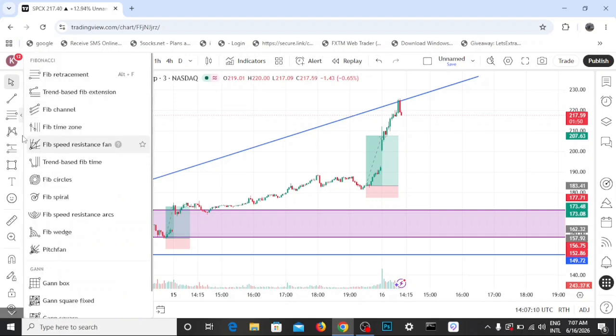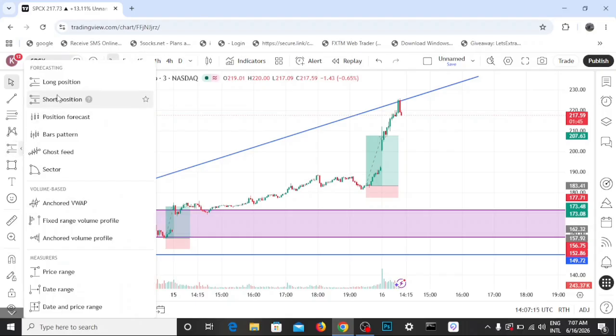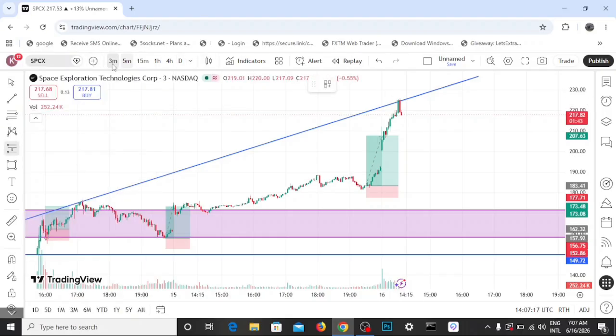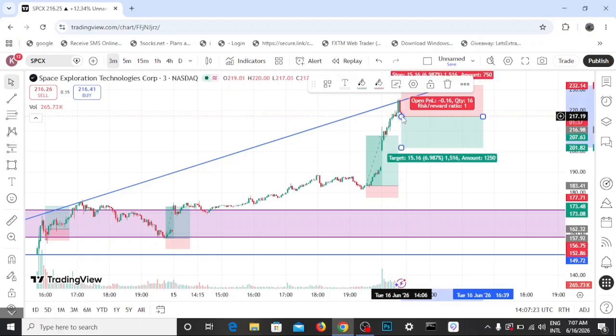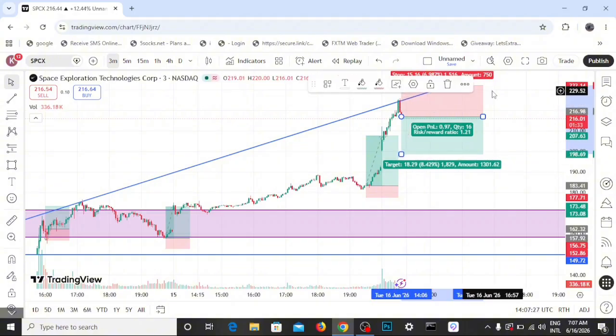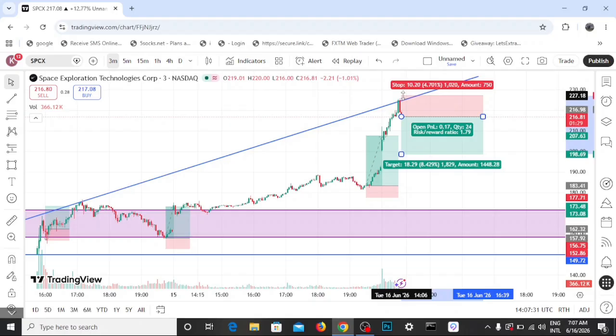So don't waste much time. This is why you need to always check the 3 minutes and 5 minutes time frame. This is a good indication to go short from here. So set the stop loss level first, just above that point. I think that's the supply zone right here. Just mark that somewhere as well.